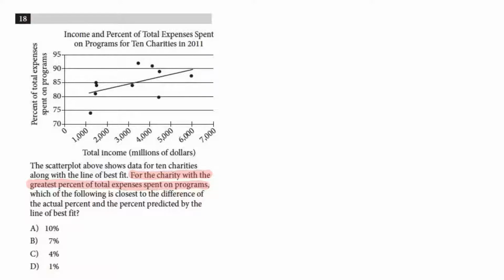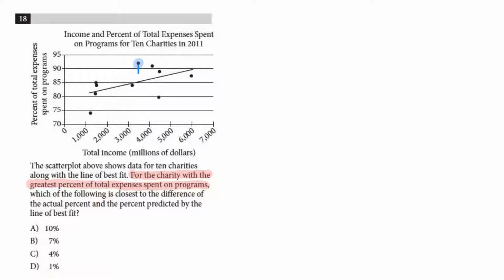So how far is the charity from the line of best fit? And so we need to find the charity with the greatest percent spent on programs, and that's going to be right here. I'm going to highlight that. Yeah, right there. Okay, and we want to know how far that is from the line of best fit.